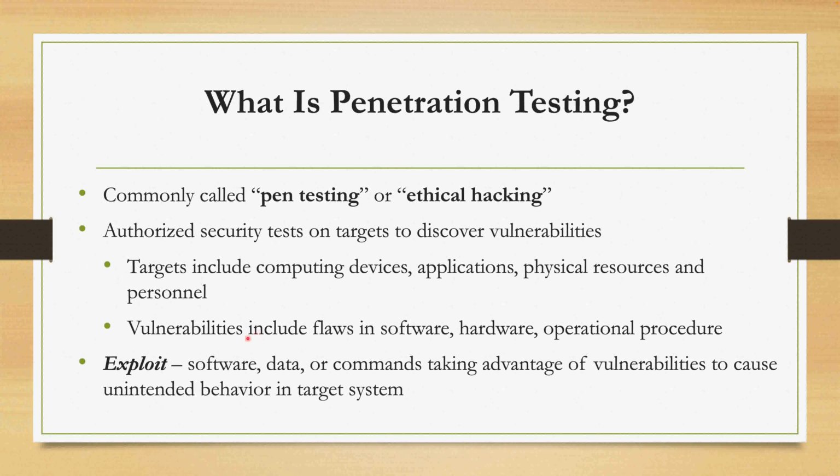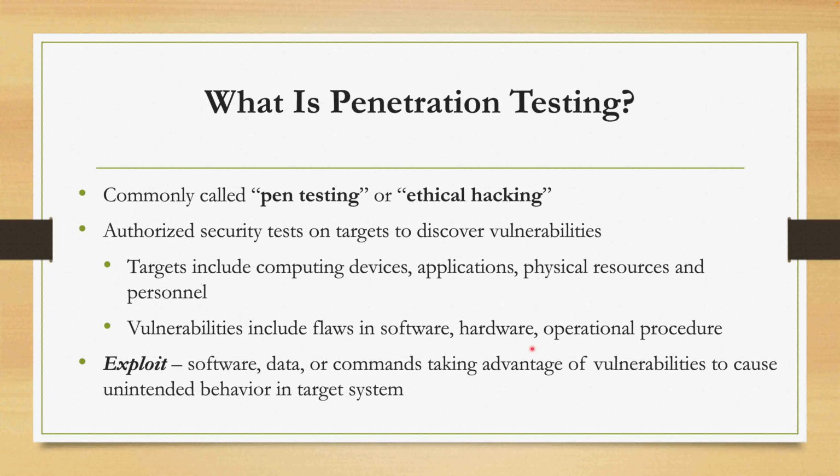Now, when it comes to vulnerability, as a pen tester, we need to find any flaw in the software, hardware, operation, or procedure. For software, we're looking for bugs, insecure configuration, or outdated systems.